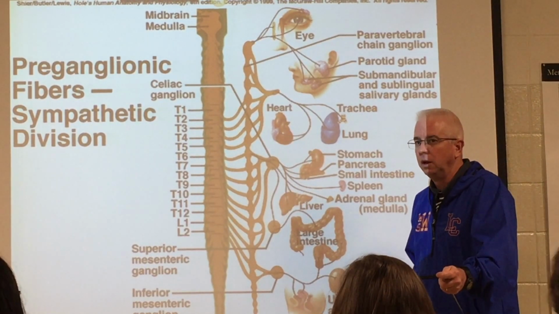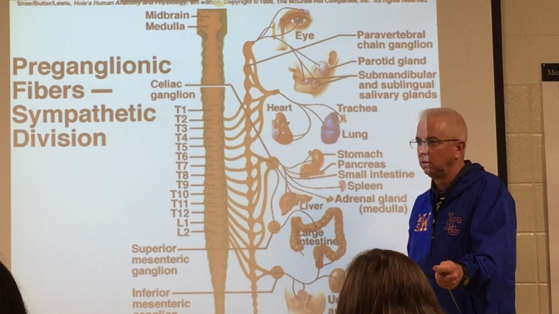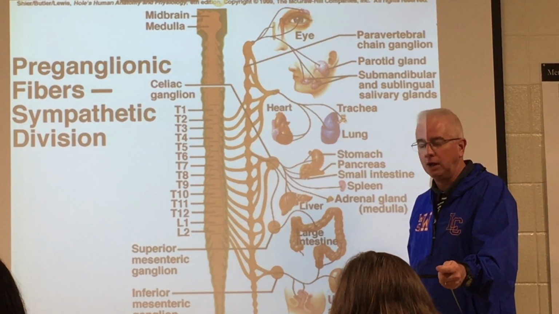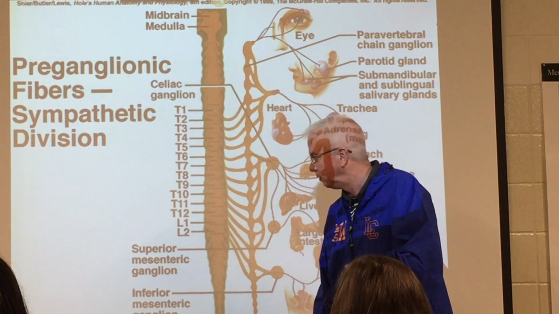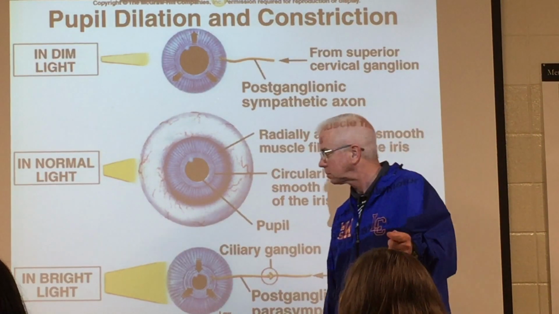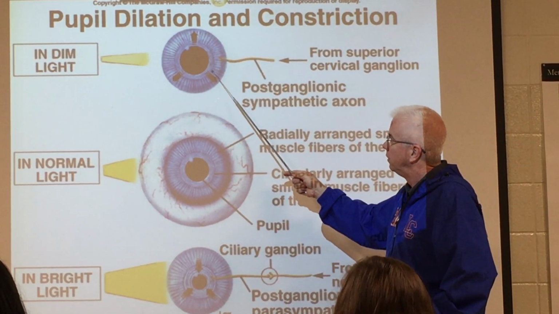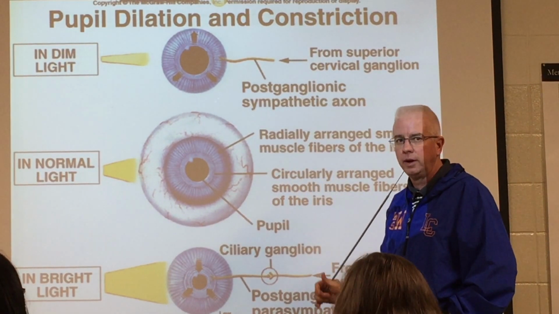Norepinephrine. And what is the receptor type? Adrenergic. Okay. So whenever these guys get information from the sympathetic nervous system, they cause excitatory postsynaptic potentials in the radial smooth muscle.